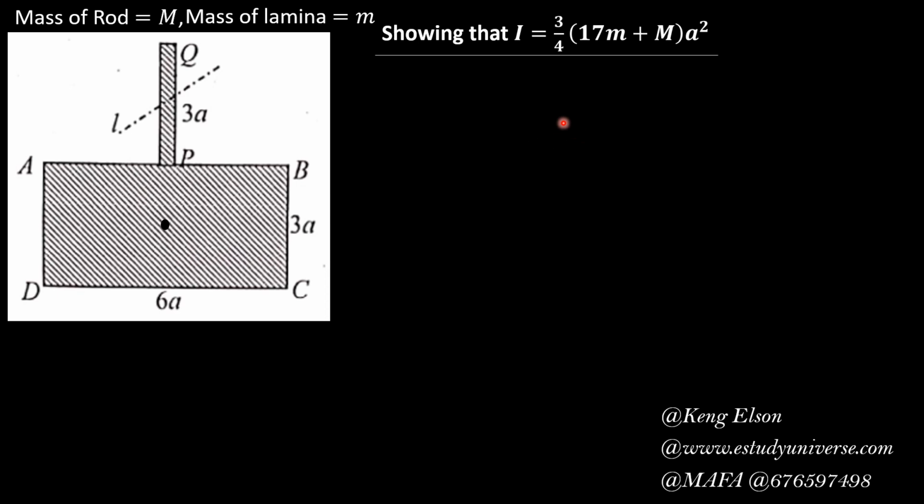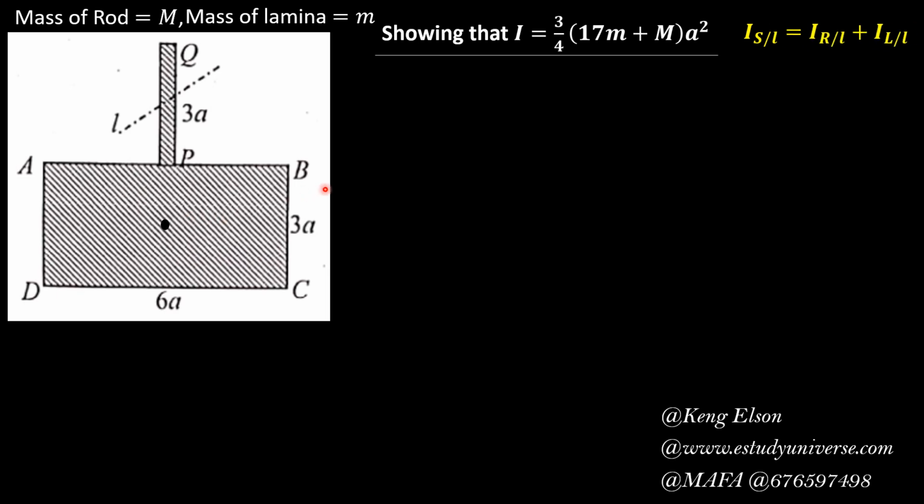For us to show this, we first need to find the moment of inertia of the rod about the axis L. We also find the moment of inertia of the rectangular lamina about the axis L, and we add the two, since the plane composite body is made up of the rod and the rectangular lamina.